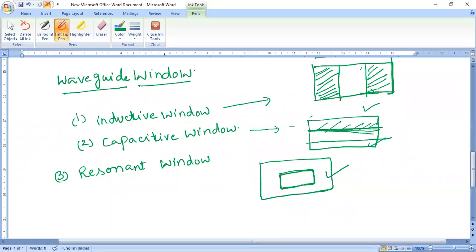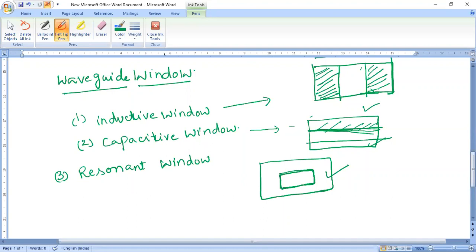Those are the two major drawbacks. Adjustable susceptance is not possible; if you want to adjust the susceptance, it is not at all possible with these waveguide windows. And placing these metal sheets is also very difficult.